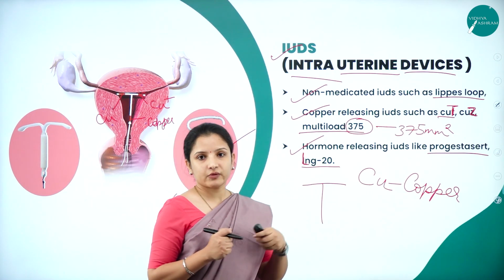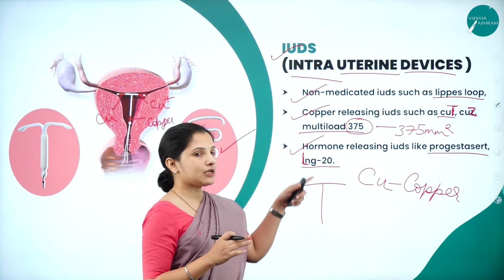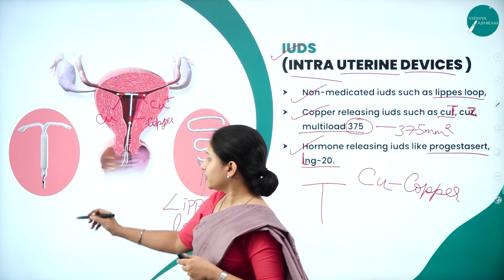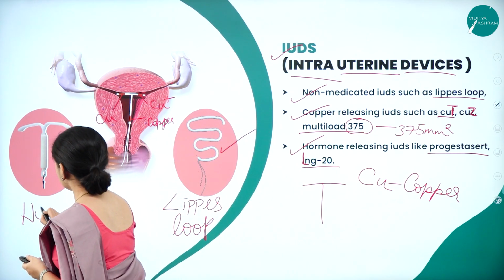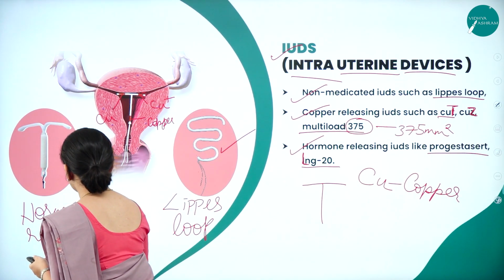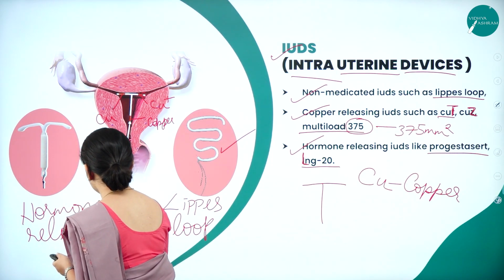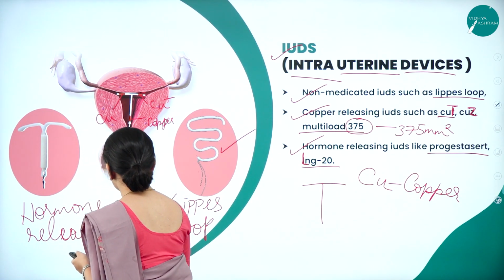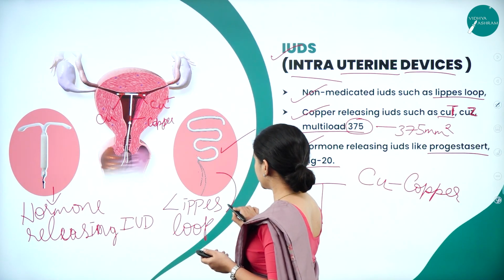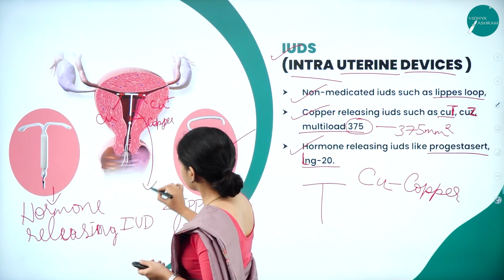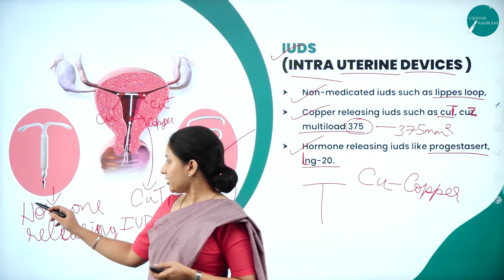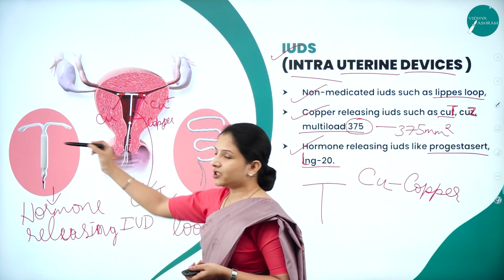This LNG-20 is very important, and it is the best example for a hormone releasing IUD. You have already read about Lippes loop, and this is the copper T. This hormone releasing IUD is filled with hormone inside.